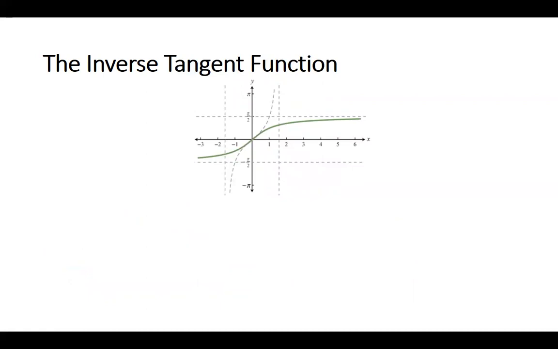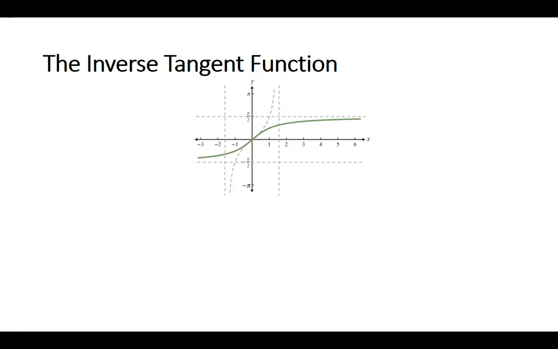So the inverse tangent function, we can see here that that dotted line or dotted curve is our tangent function. And we can see that when we reflect that over the line y equal to x, we get that green curve there, giving us our inverse tangent function. You can see that for our dotted curve, x is between -pi/2 and pi/2.